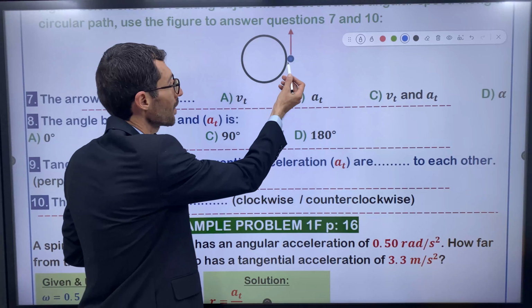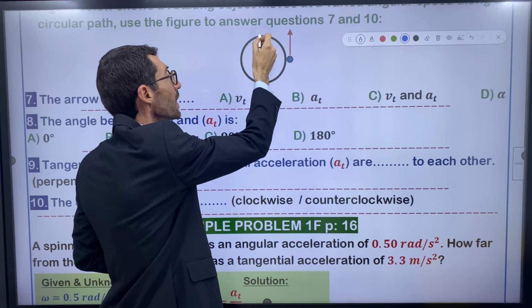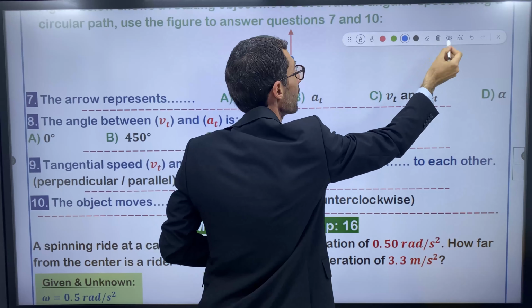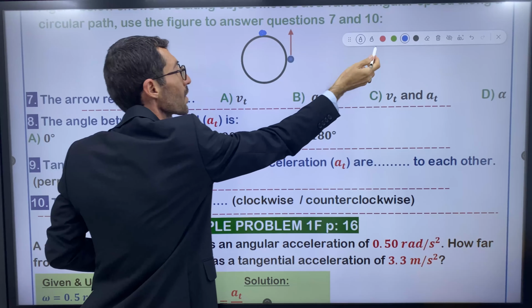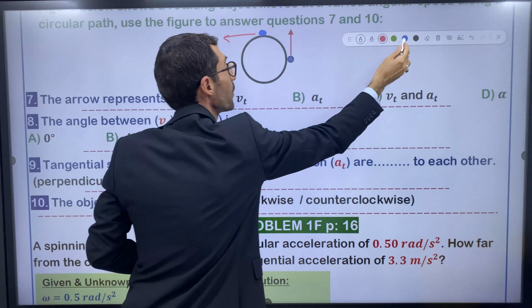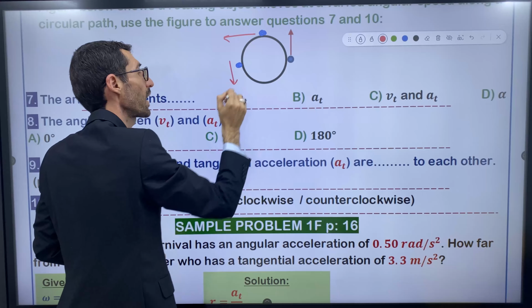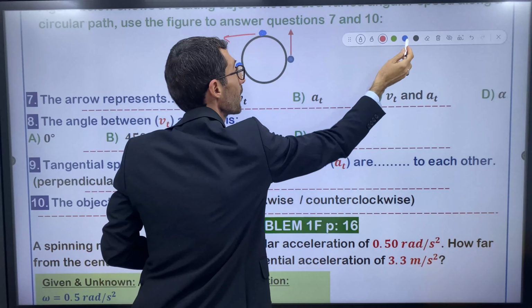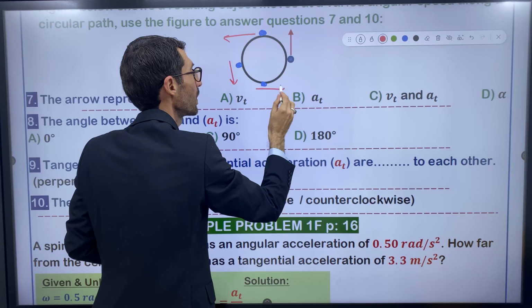Look here, the object right now is here. It moves up, right? Whenever it reaches, for example, this position, the particle or the object moves to the left. When it reaches here, it moves downward, right? When it reaches the lower point of its track, it moves to the right.